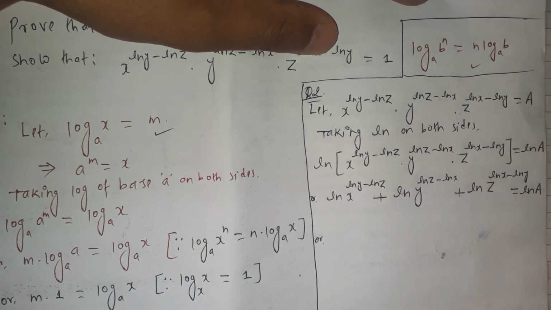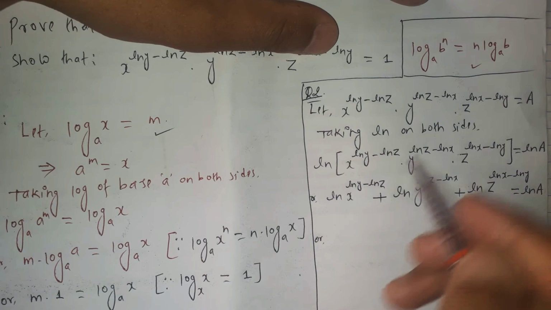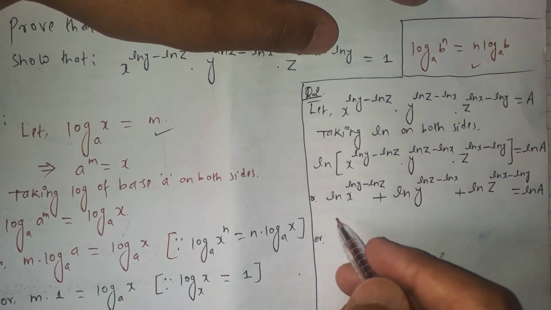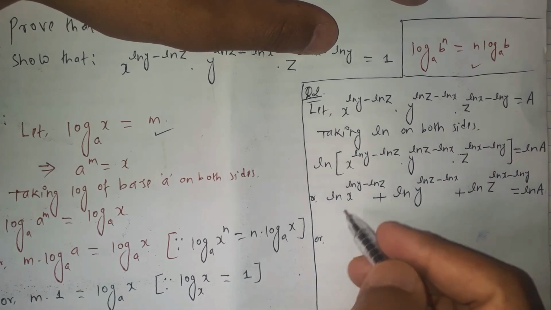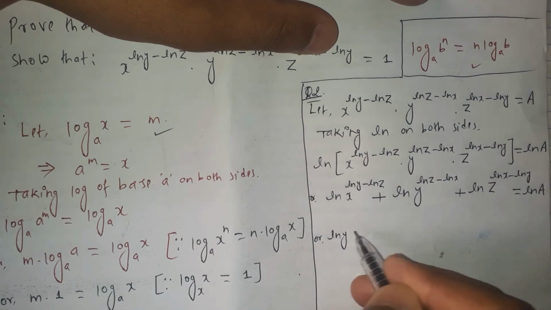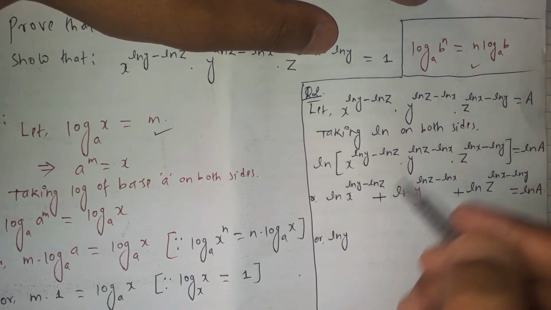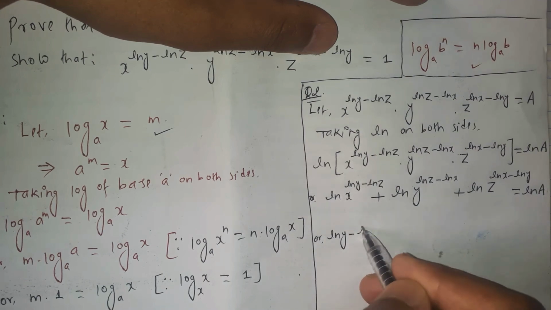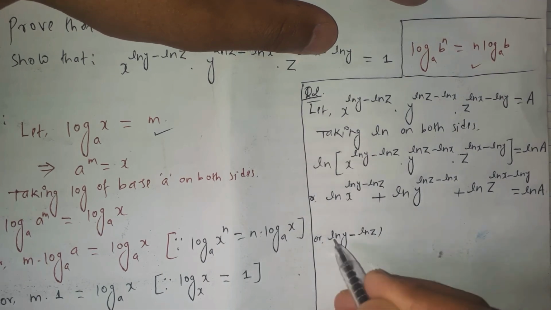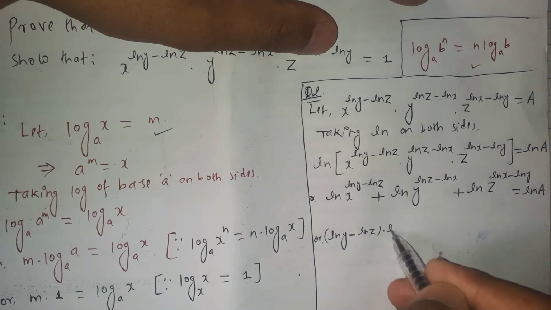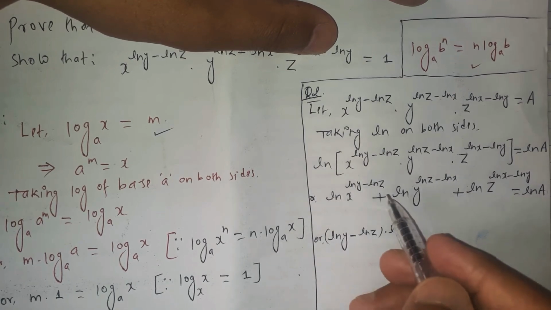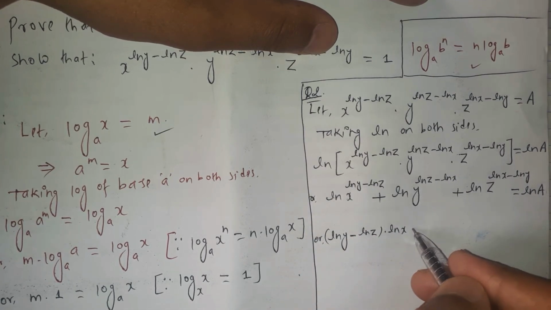This is the power law, and we are going to use this property. So the expression will be: the power comes to the front of the logarithm, (ln y minus ln z) times ln x. Only the power comes in the front.